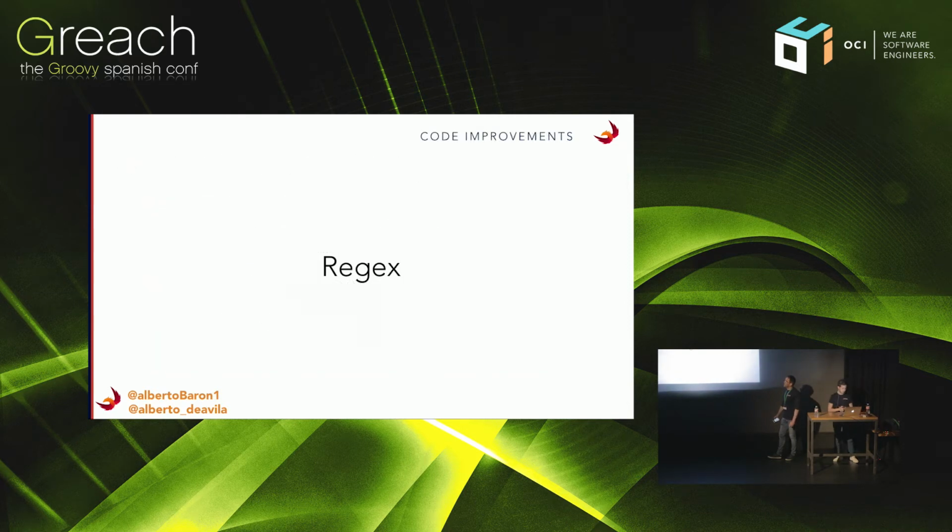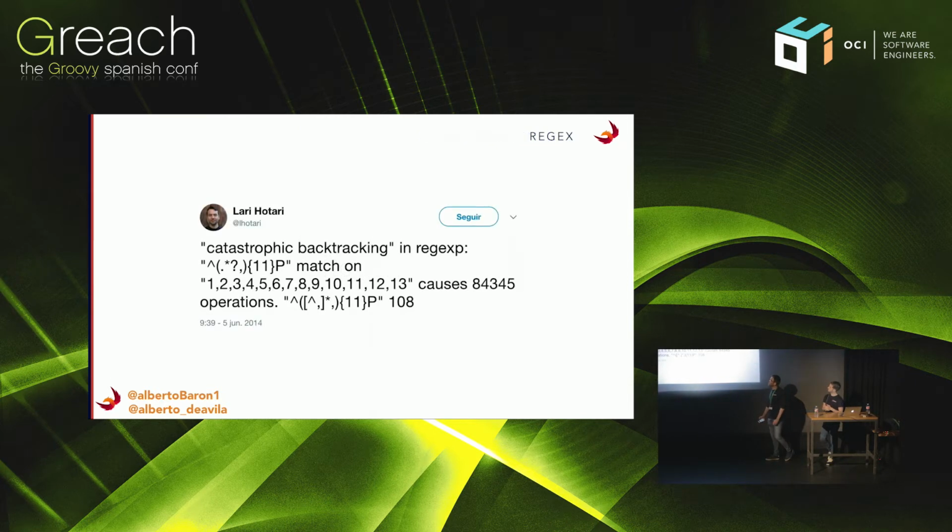Moreover, we have to be careful with regular expressions. There is a tweet from some years ago where Larry Ottari says that you have to be careful with catastrophic backtracking.